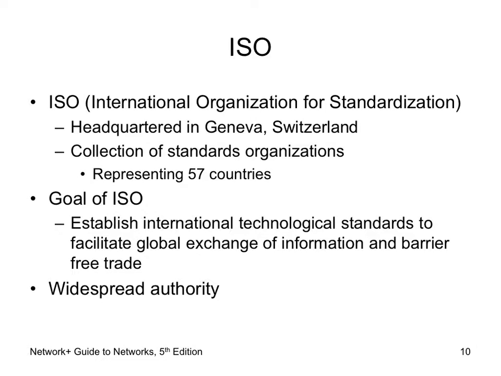Raspberry Pi, the little computer about the size of this remote here, was originally set up through ISO to help third world countries. They could build one for about $20 a piece and sell them for about 35 a piece, I think, originally. And now they're everywhere. You go to Barnes & Noble and see them there on the shelf. But it started out as an ISO push for third world countries to get computers. I'll bring mine in one of these days to show you guys. I have a little setup I did for the Raspberry Pi, and it's kind of fun to do.